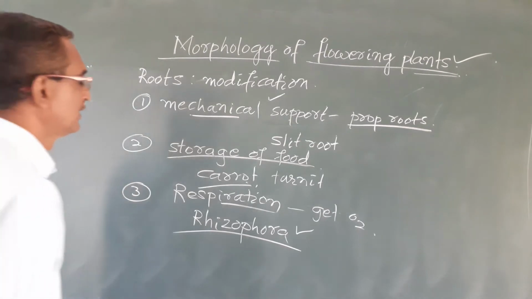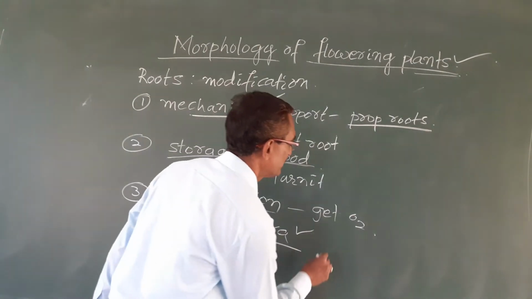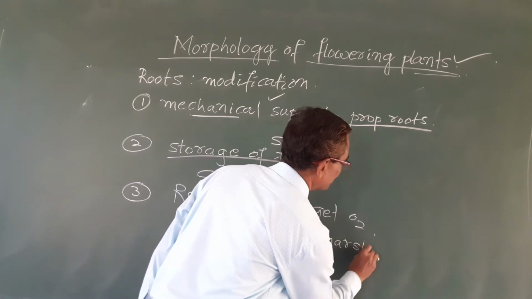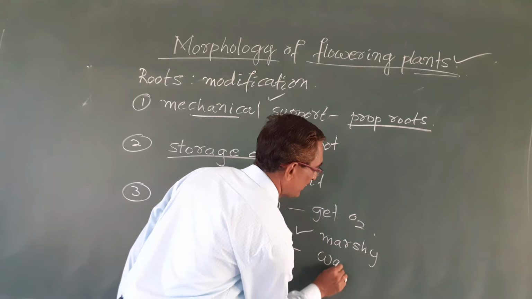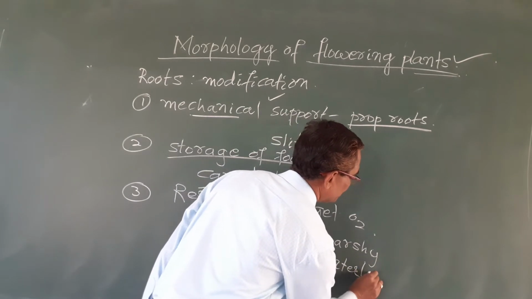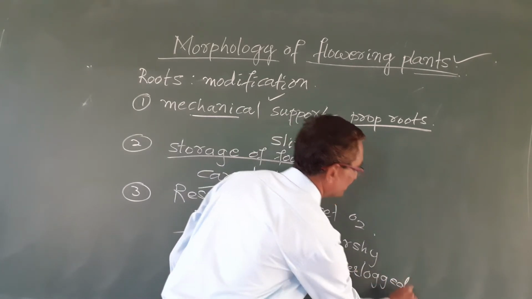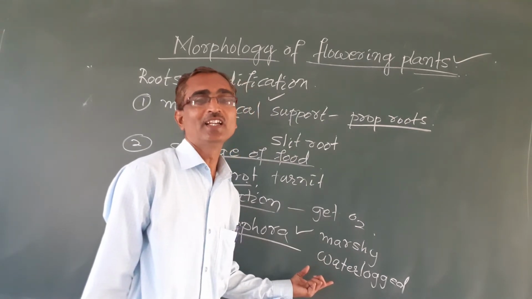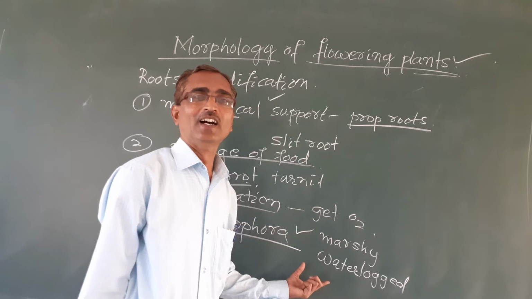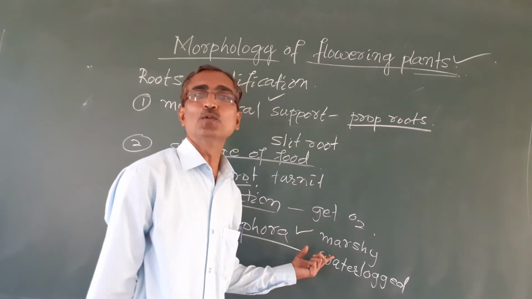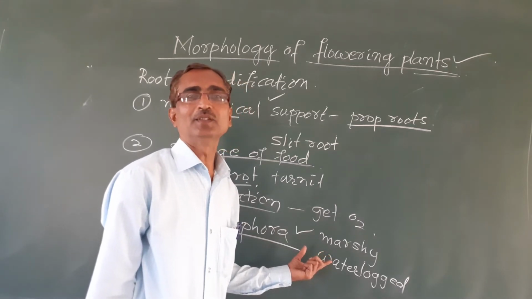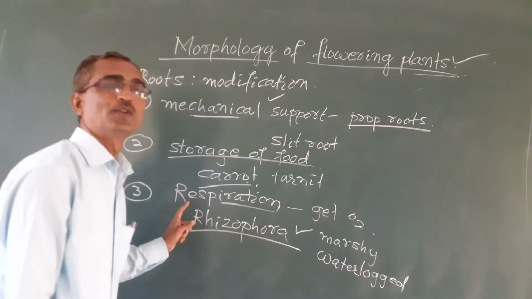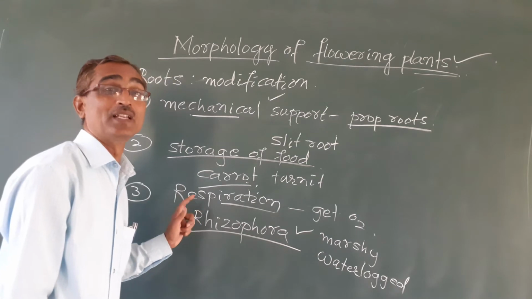So here the plants which grow in marshy and waterlogged areas, waterlogged meaning places where water stands, and marshy meaning swampy areas, in the plants growing there the roots are modified for respiration.